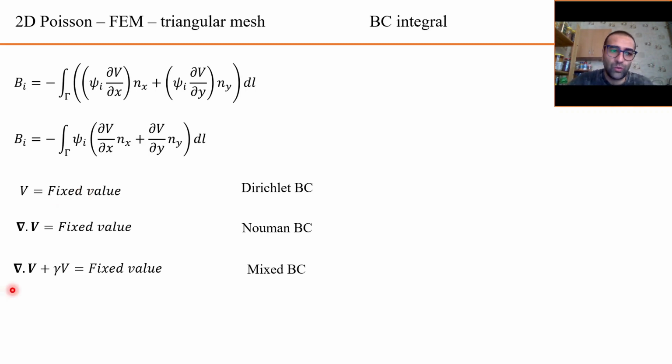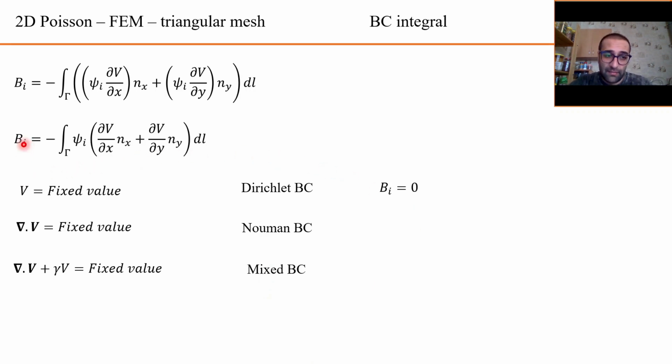We can have a mixed boundary condition, meaning that we may know a linear combination of the Neumann and Dirichlet boundary conditions, and as it comes from the name, it's a mixture of Dirichlet and Neumann. Sometimes it is called a Robin boundary condition.